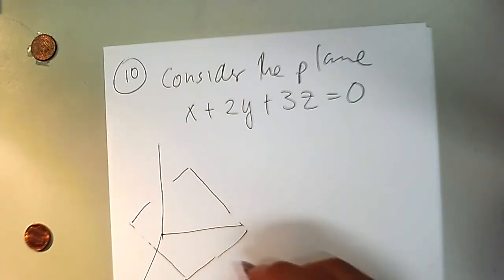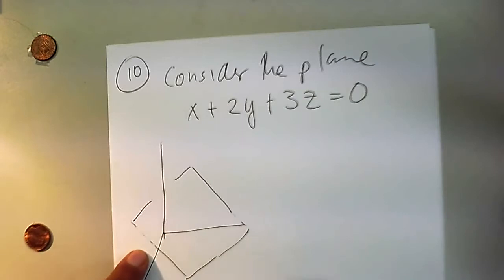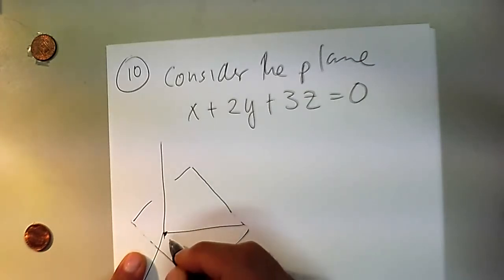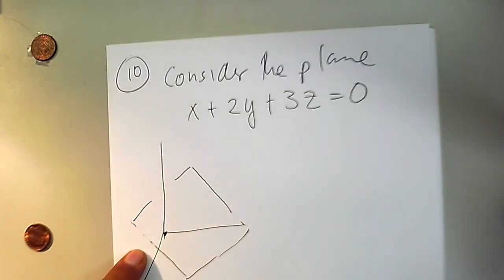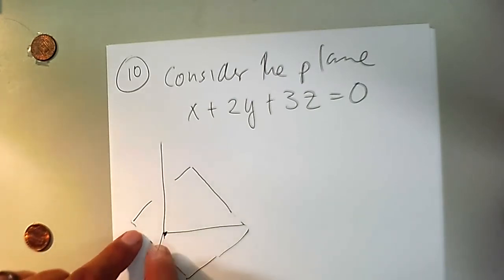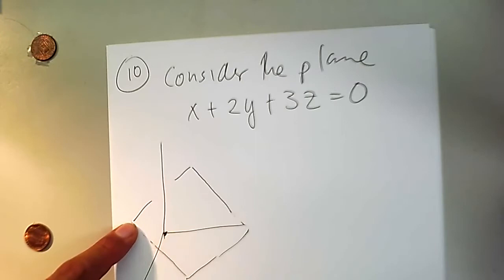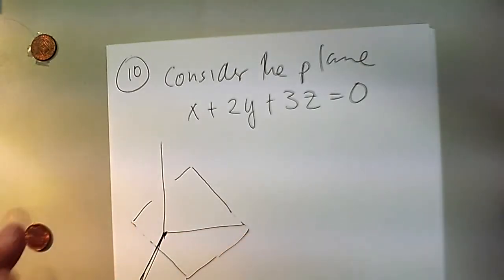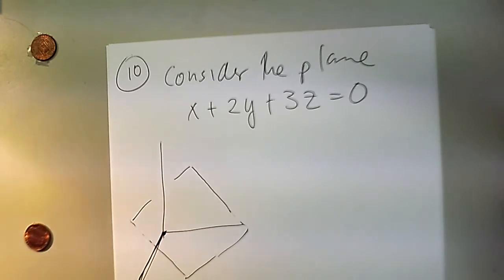So this is an approximation of how the plane goes through the origin, by the way. Maybe this line should be behind this. Anyway, that is a rough approximation of this plane.